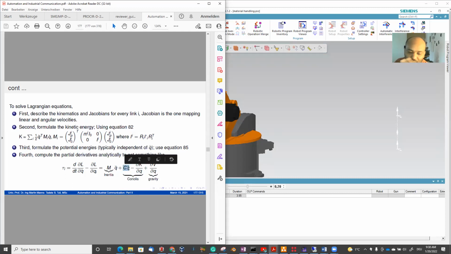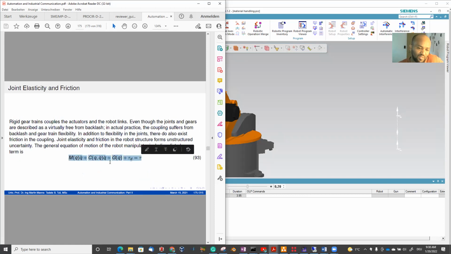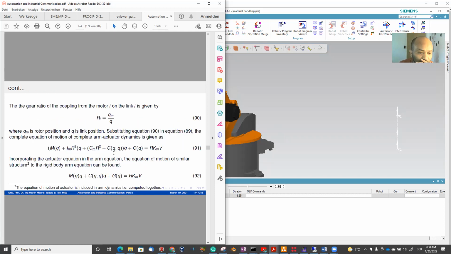In all the classes you may have learned this as the damping coefficient with the velocity, and then finally you add gravity. In most lectures you will see M(q) q double dot plus C(q, q dot) q dot plus g(q) equals torque.